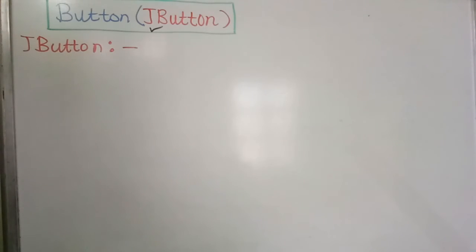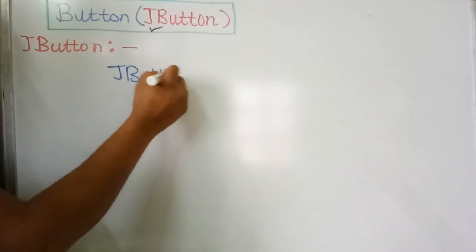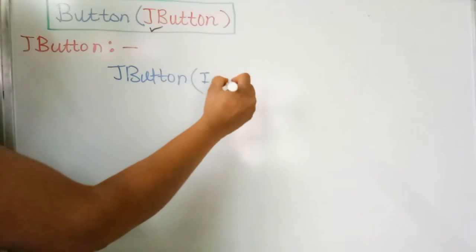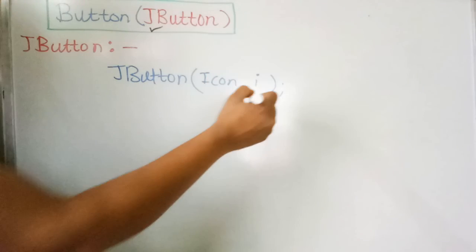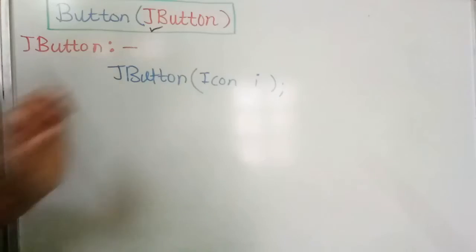Now we will list some different constructors of JButton, meaning how we can use JButton in different ways. First is JButton with an icon type in brackets, meaning you can give a special icon to your button, a picture label. Next is JButton with a string type in brackets.